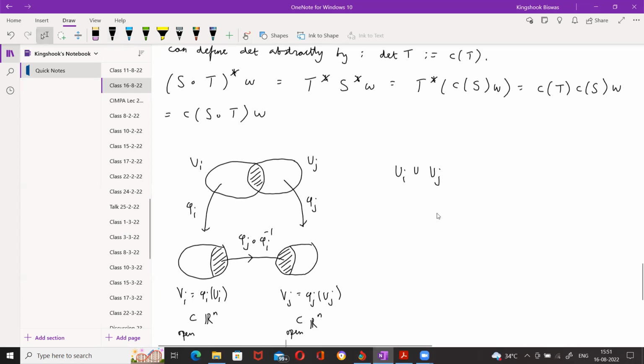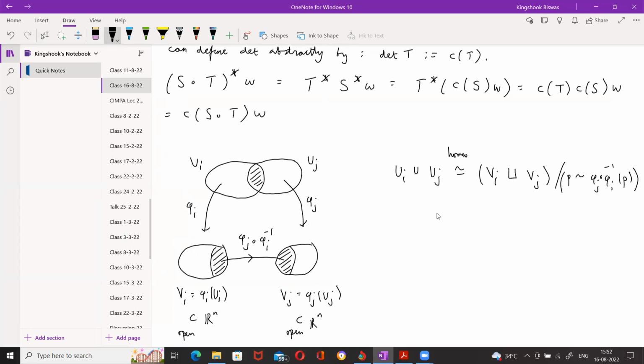So Ui intersection Uj, Ui union Uj, is homeomorphic to Vi disjoint union Vj quotiented by the equivalence relation: P is equivalent to phi j phi i inverse of P. Is this clear?